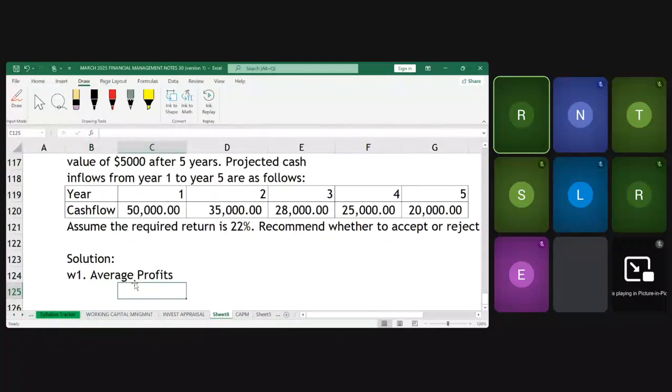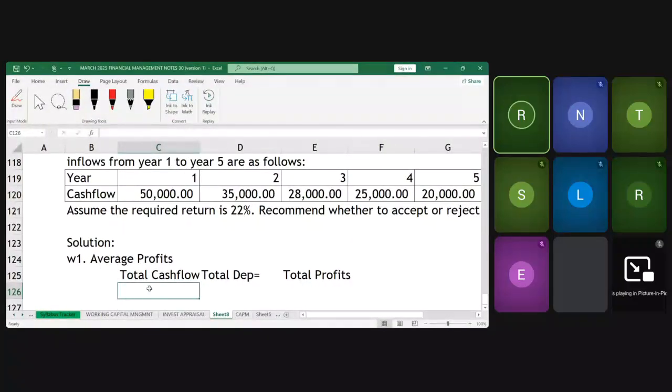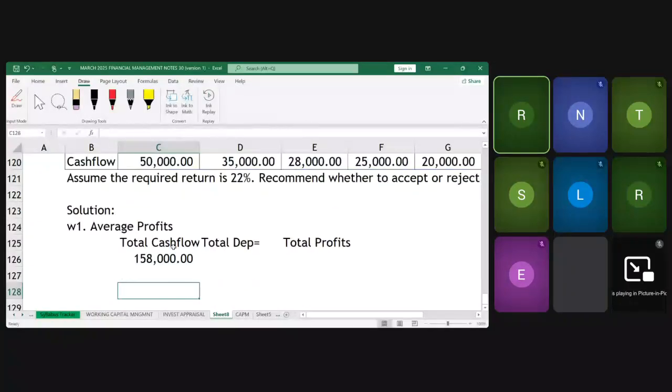I'm going to have total cash flow minus depreciation, less total depreciation, and this is going to give me total profits, my profits after 5 years. So total cash flow from year 1 to year 5, I'm going to add all my cash flows. These are the cash inflows.